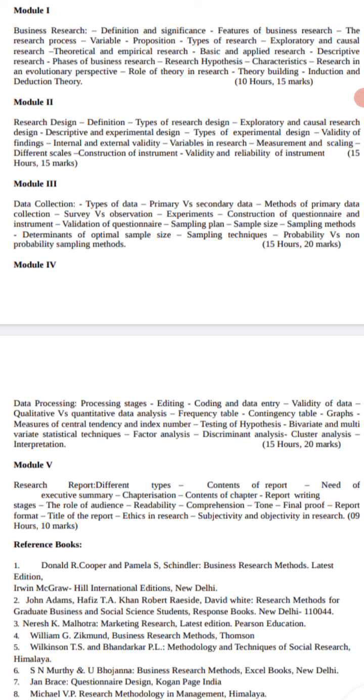Now the second module is research design. Now research design is nothing but a plan to do a research, particularly business research.